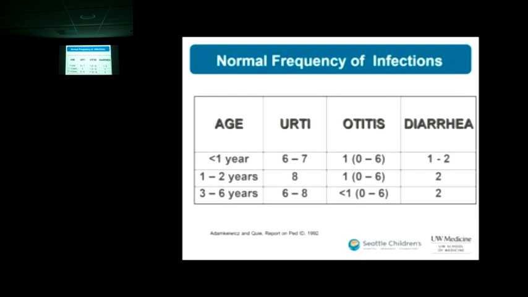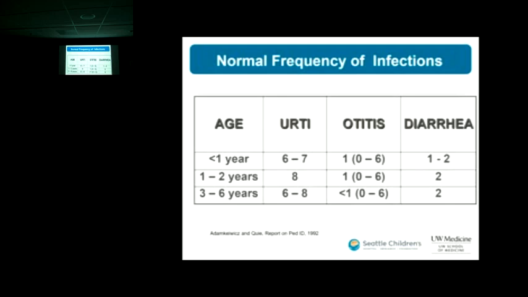And if you look at it, it's usually between September and April. So that means 6 or 7, they're having problems almost on a monthly basis, and that still would be within the normal range. And with an ear infection, maybe 1 or 2 at that time. So it's good to know how frequent these episodes are.